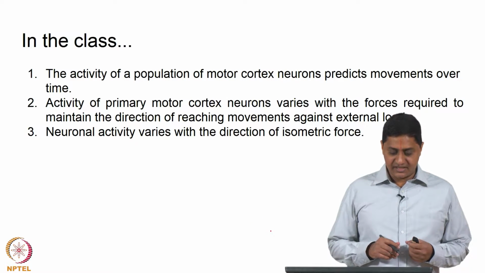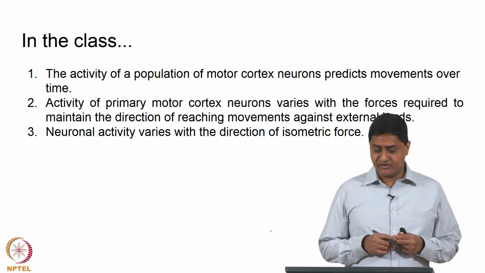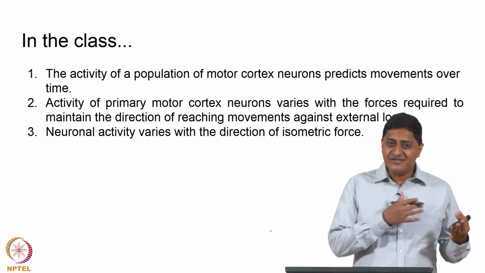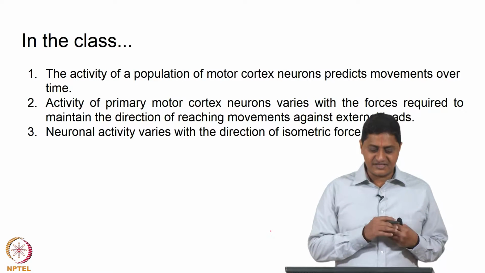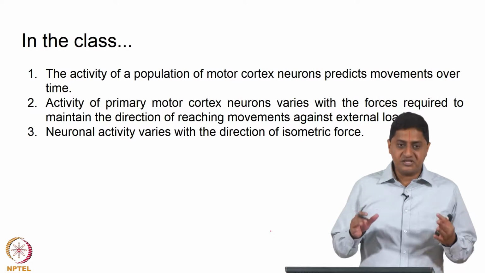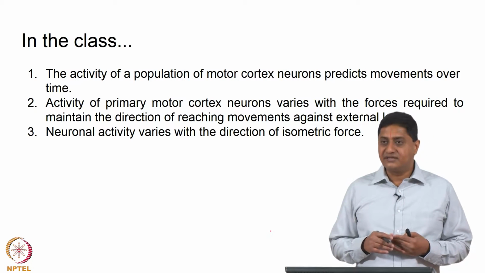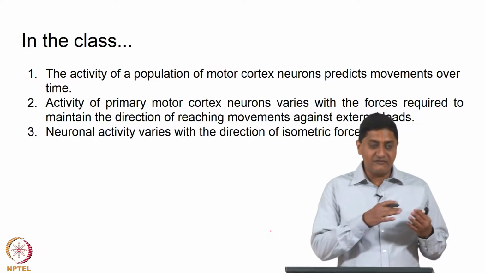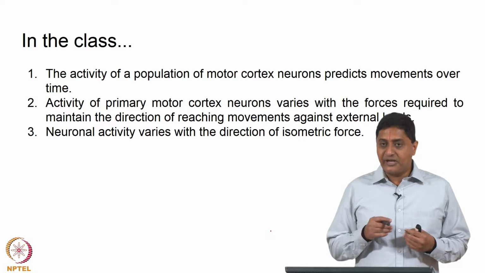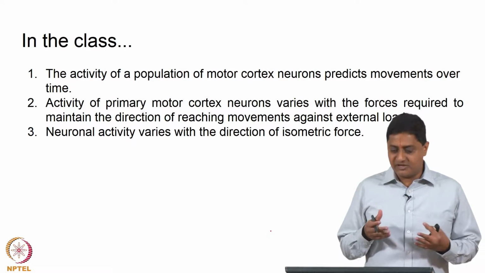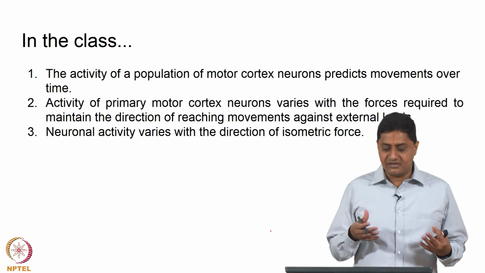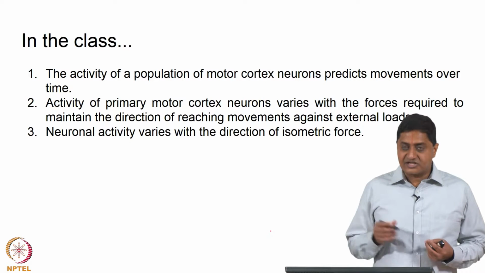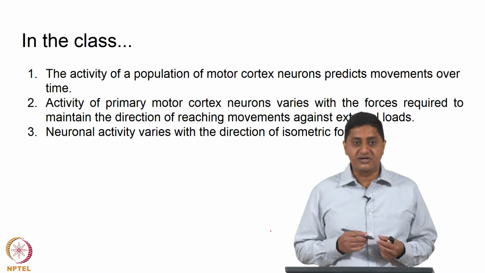So, in today's class, the activity of a population of neurons in M1, primary motor cortex. In one of the previous classes we saw that a population of neurons can predict the direction in which the monkey is trying to move. If I am recording from a whole bunch of neurons, depending on their overall population activity, I can predict the direction in which this monkey is going to move.